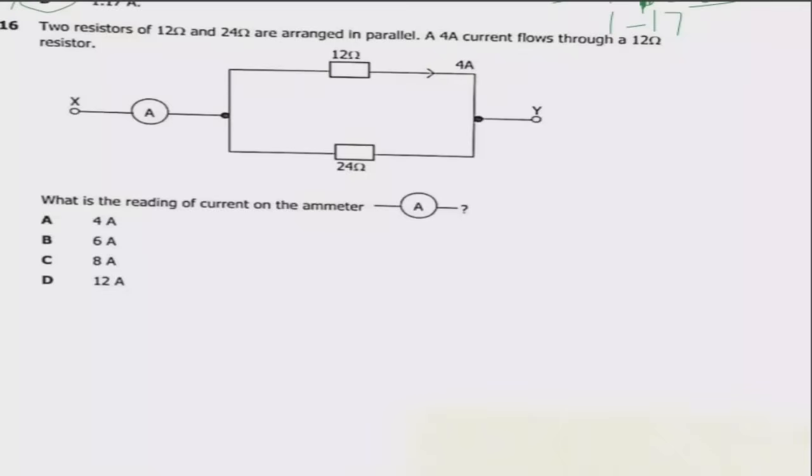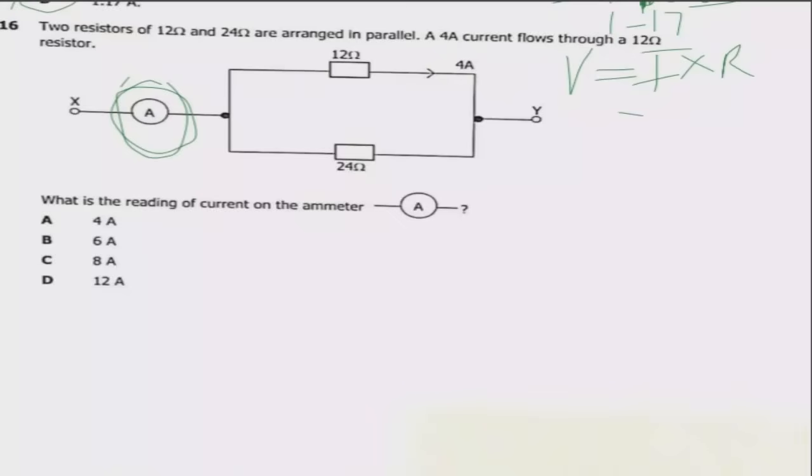The question is, what is the reading of the current on the ammeter A? So this is the ammeter A. Okay, we first find the voltage, which is equal to current times resistance.